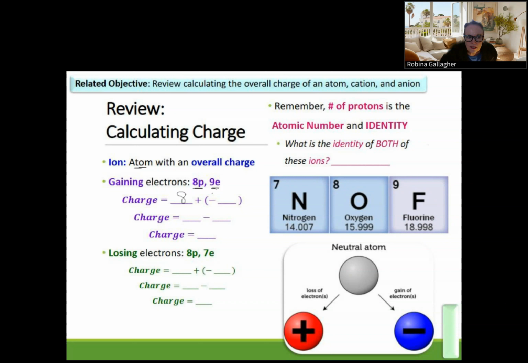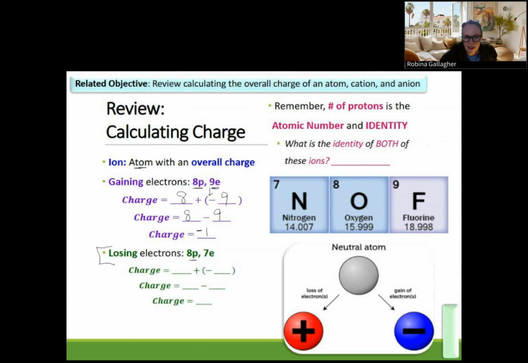Notice that the negative sign is already there, so I'm going to put a 9 here. 8 minus 9 is 1, and then I keep the sign of the larger number, so that's going to be a negative 1. Easy peasy lemon squeezy.